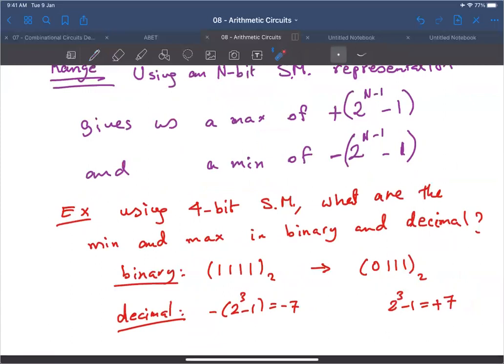Using the formula here, the minimum is 2 to the 3 minus 1 with a negative sign, which is minus 7. And the positive counterpart is going to be 2 to the 3 minus 1 with a positive sign. Clear? Any question here?